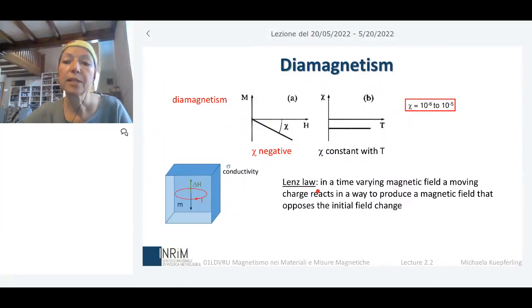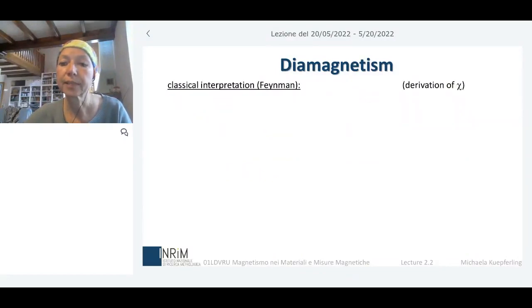And something very similar seems to happen here in diamagnets, but it has nothing to do with eddy currents, because diamagnetism may also be a property of materials which are not conductive.